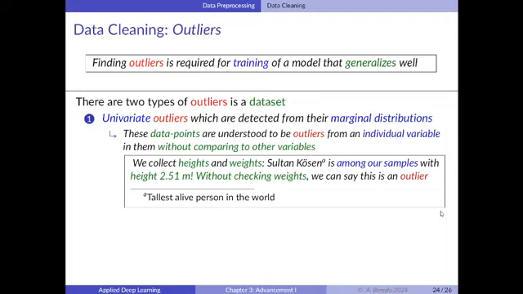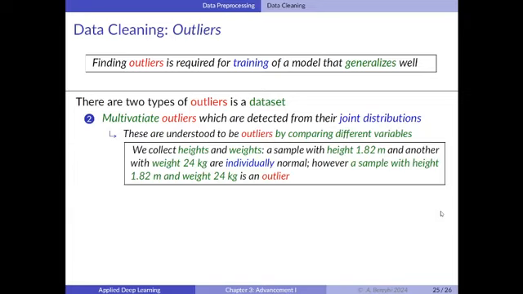The outliers can be univariate. For example, if a person's height is 4 meters, it's maybe incorrect, or he may be a special case. Not every person is 4 meters tall. Or it may be multivariate.